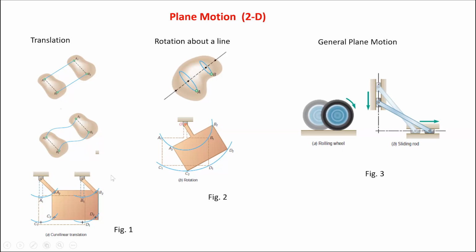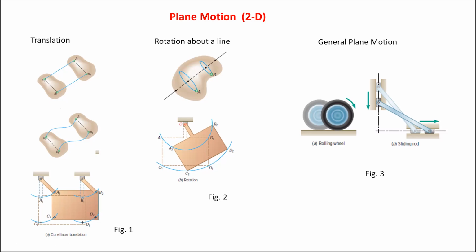One example here is a slab, a rectangular plate, constrained to move by hinging it at these 2 points by two rods of equal length. You can see that this dotted line A1, B1, C1, D1 is the original position, and during the motion it occupies A2, B2, D2, C2. So the body is maintaining its own original orientation.